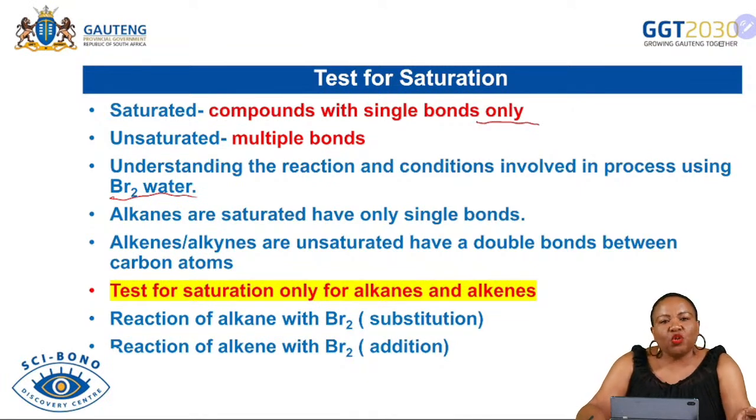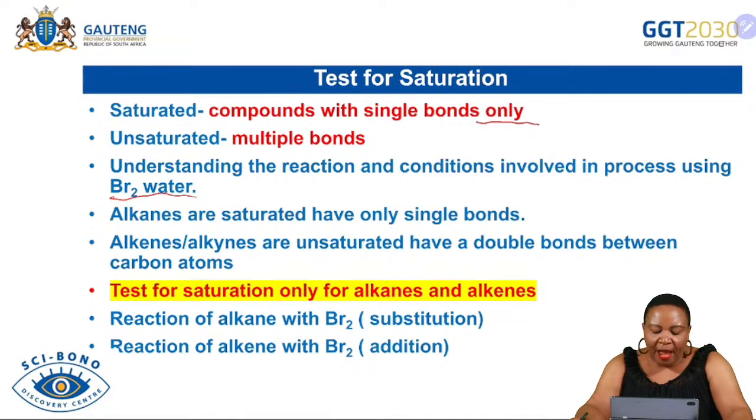Now, what will tell you that a substitution reaction has taken place? If the color of bromine water doesn't change instantly, especially if you are doing the two reactions in a dark room, if the color doesn't change from brownish orange to colorless, it means a substitution reaction has taken place. Therefore, that specific compound is a saturated compound.